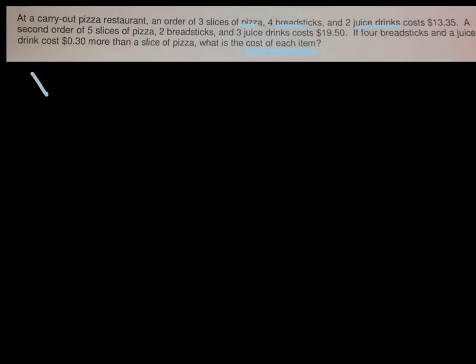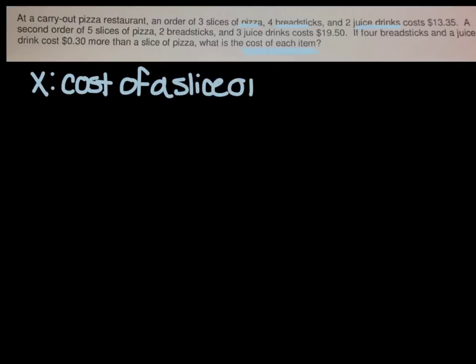So we'll let x be the cost of a slice of pizza, and you have to define your variables, and you have to be specific. You can't just say x is pizza, because then is it the number of pieces of pizza? Is it the weight of the pizza?